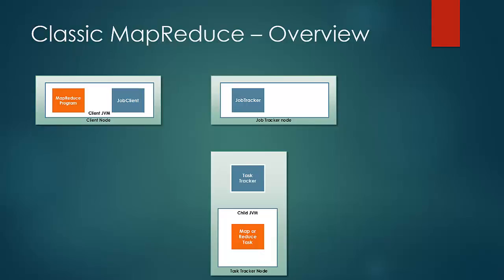So as the first step, the job client submits the job to the job tracker by placing it in the job tracker's queue. There are many setups and checks done in this phase, like whether the output is already present or not, or whether the input file exists or not. After these verifications, the job tracker picks up the next job from its queue and assigns it to task trackers.